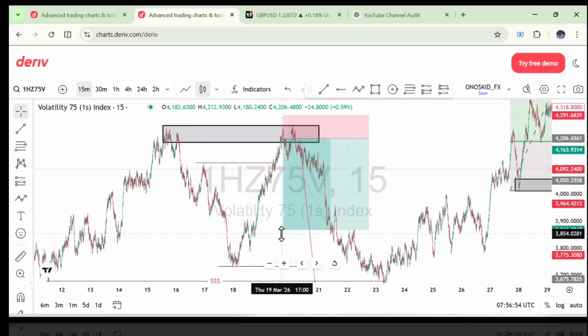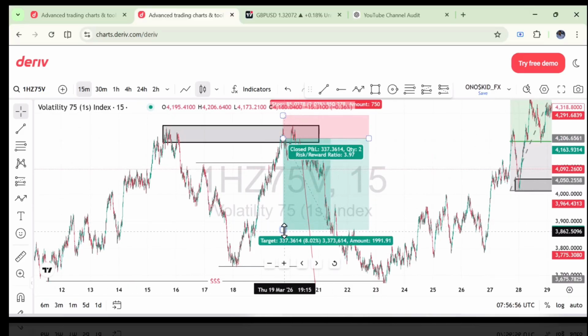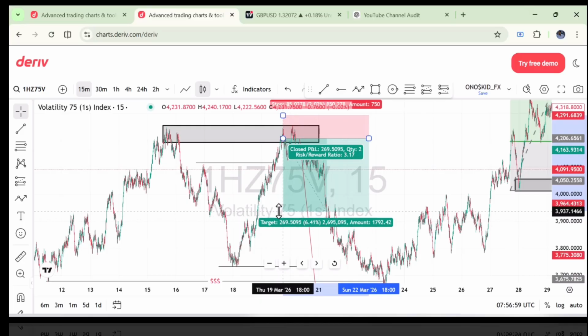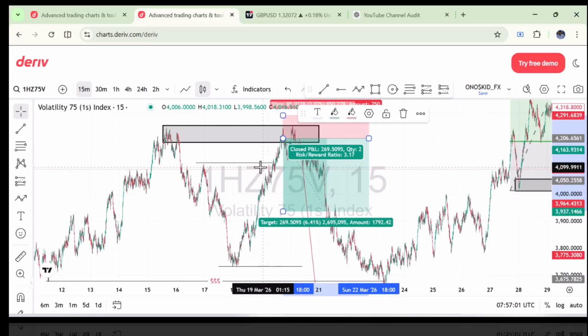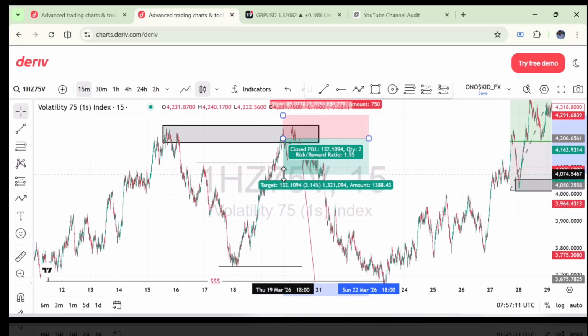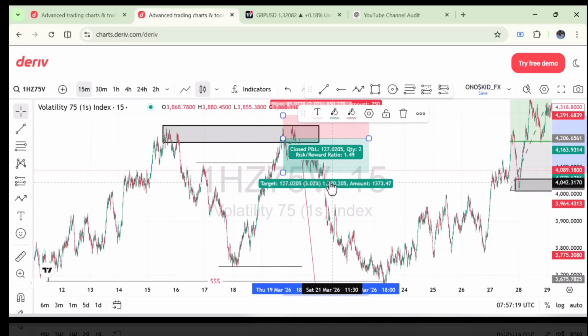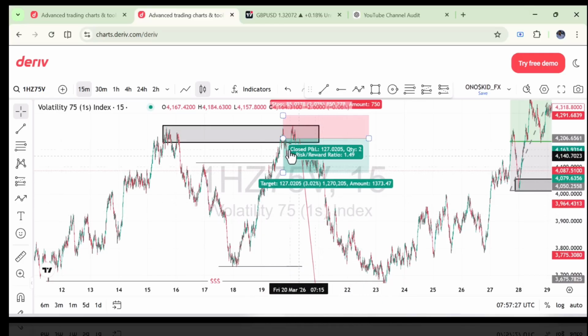If you are targeting 1:3 risk to reward in your trade, or in a particular trade setup, you are not expected to break even until that trade move at least half of your profits, and that is what 1:1.5. So let's say when the trade gets to this particular point, this is 1:1.5, right? This one is to 1.5. So let's say when this trade gets to this particular point, this is the best time you can break even. Okay, and you see that if you broke even here, this trade will still keep you in profit.